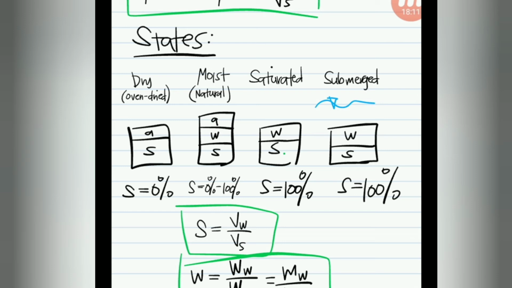And then the moist condition, when you have all the phases or the natural state of solid, water, and air, that's 0 to 100%, in between only, because 100% is for the saturated condition. Your soil is saturated, and then submerged.